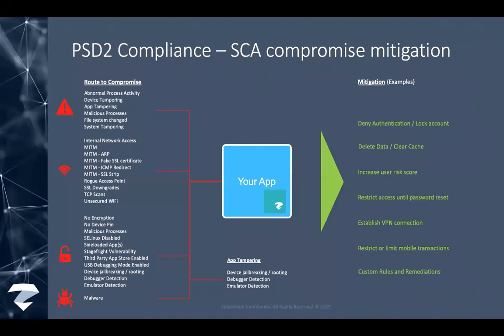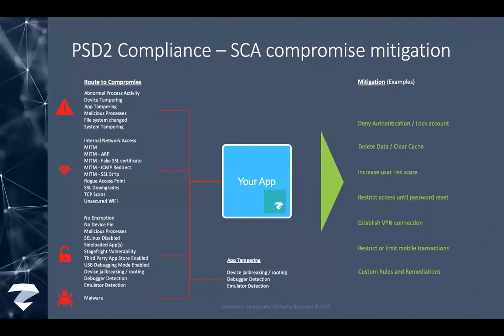So just be aware that if you're only doing app shielding, you're not actually complying with all the regulations. And then I've listed some mitigation examples here on the right-hand side. These are examples of any type of mitigations that you can do locally, right? You can deny the user being able to use your mobile channel.